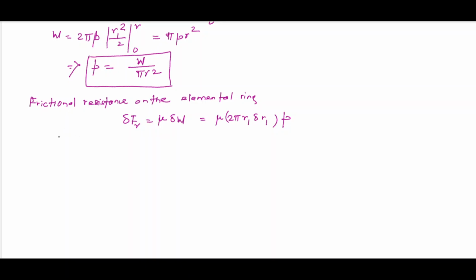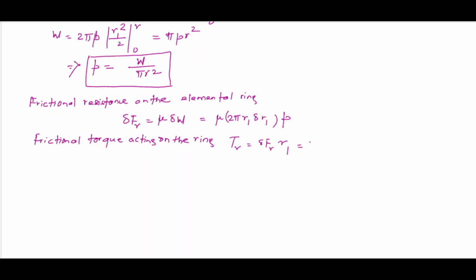Now the frictional torque will be how much then? The frictional torque acting on the ring, let's say it is denoted by T, is del Fr multiplied with the radius r1.